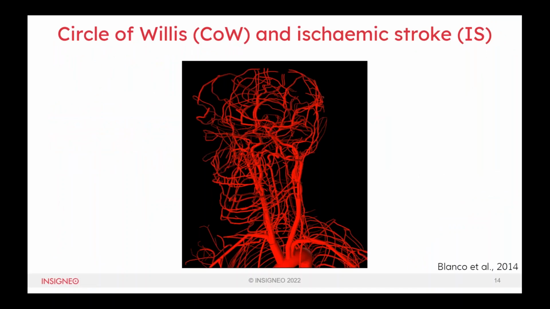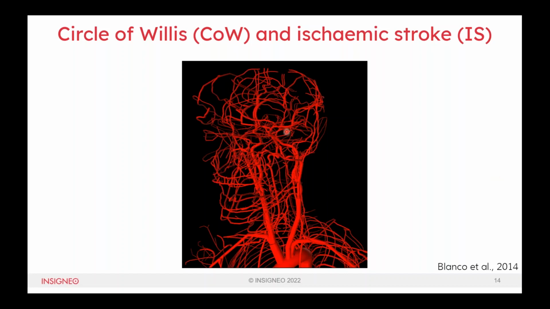So we're talking about ischemic stroke, so we focus our attention on the brain. Now, the brain is a highly vascularized region of the body, and actually is the organ that receives the most amount of blood. And inside the brain, there are thousands of vessels.